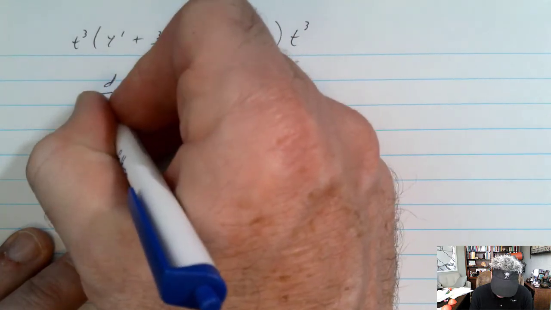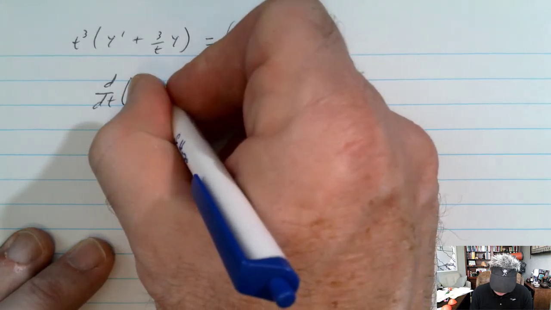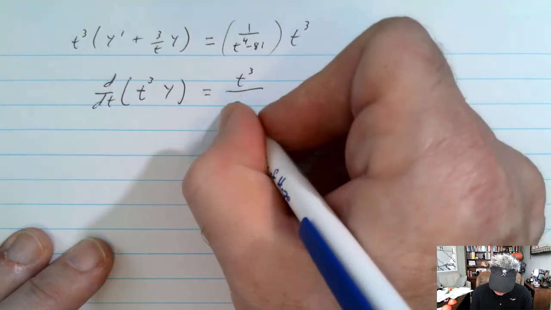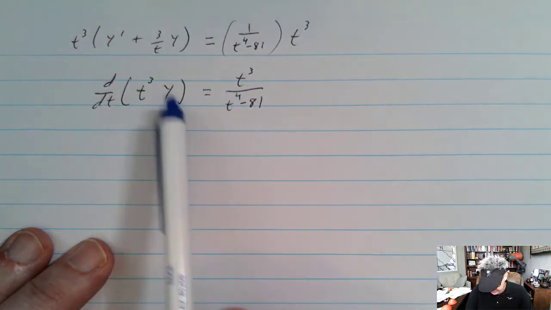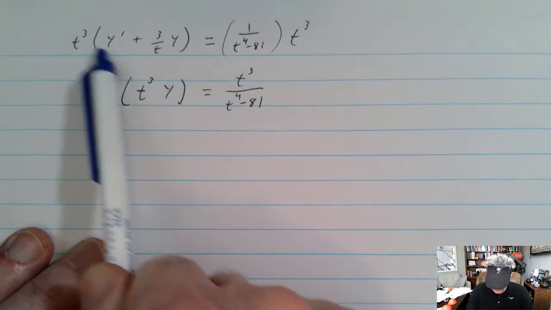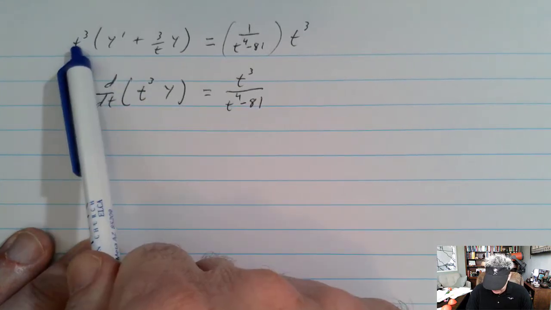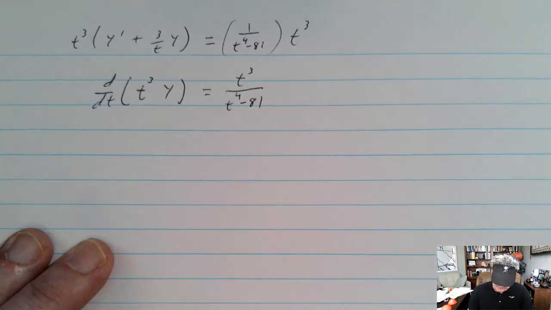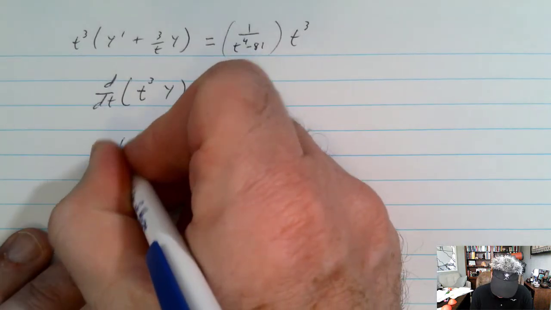So the left-hand side should become the derivative of your integrating factor times y. And you can double check that if we were to use the product rule, say the first times the derivative of the second, that would be distributing here. The derivative of the first, 3t squared, that's what happens if I distribute there. You end up with 3t squared y. So derivative of the first times the second. All right, so the derivative of this is that, so this is the antiderivative of that.